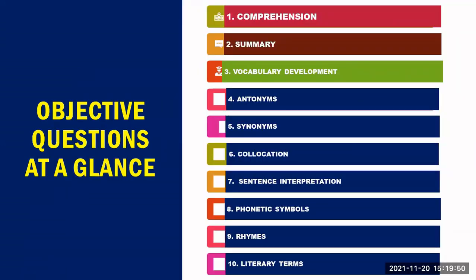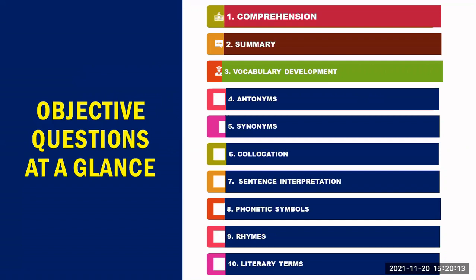Now, as I earlier mentioned, the objective questions in this exam are made up of comprehension, summary, vocabulary development, antonyms, synonyms, collocation, sentence interpretation, phonetic symbols, rhymes, and literary terms.